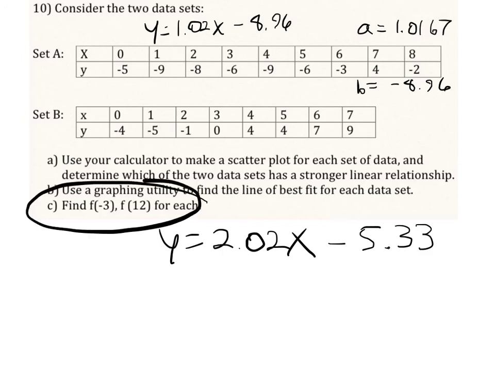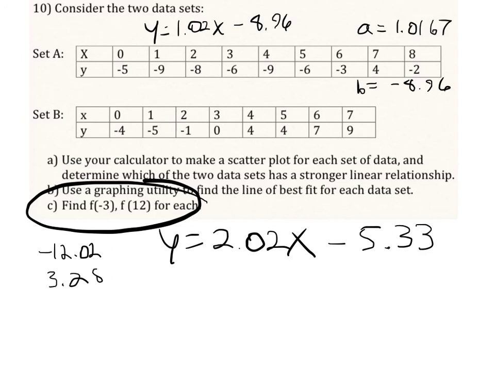For the first one, I get negative 12.02, and for f of 12, I get 3.28.